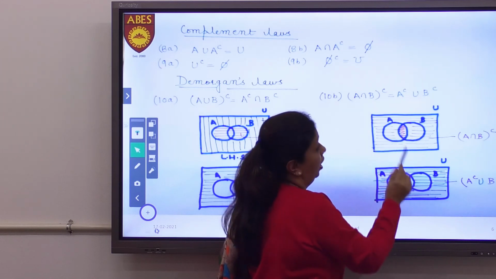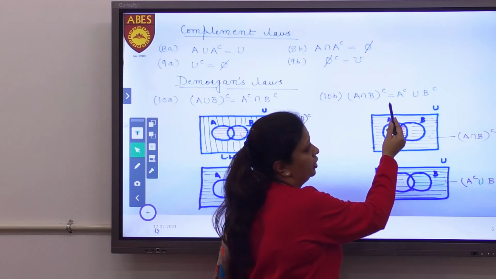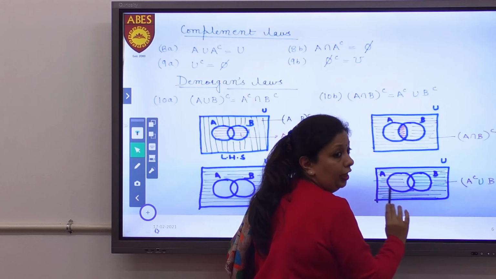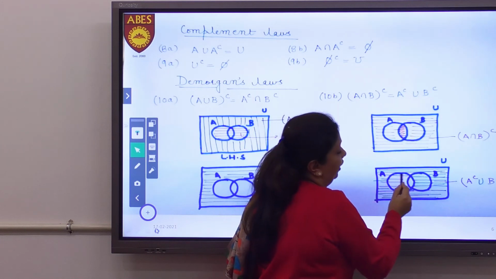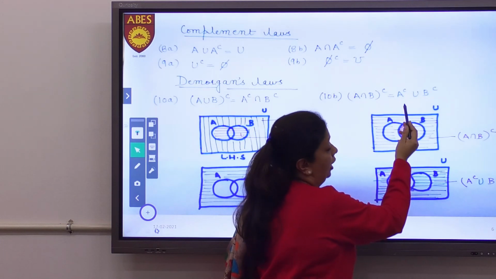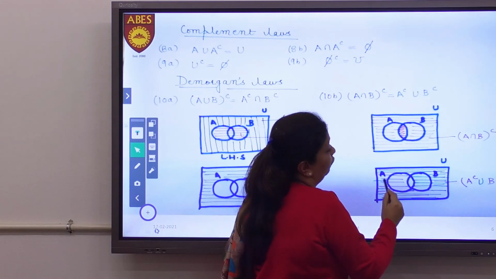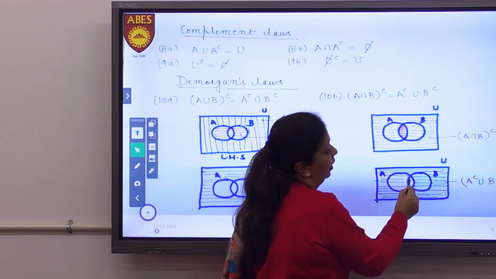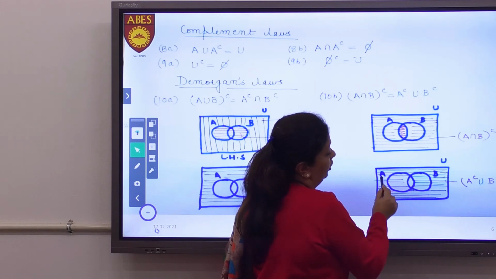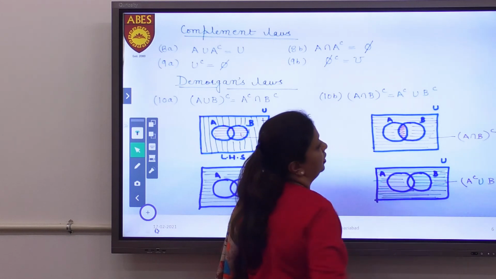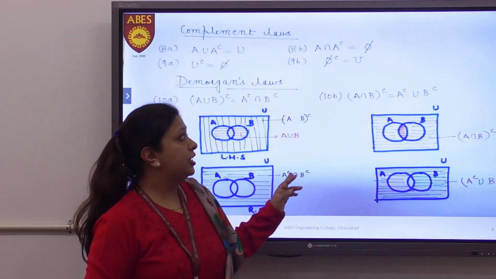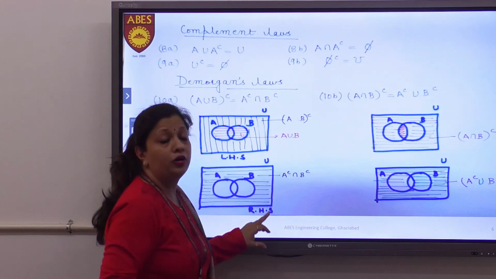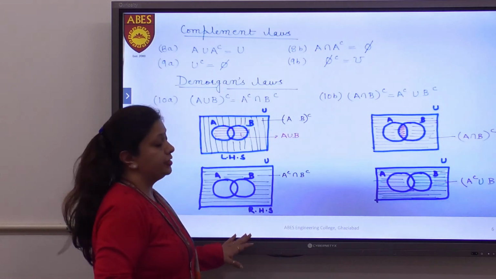Similarly, A's complement is everything other than A, and B's complement is everything other than B. The union of these two will give me everything other than this central part, that is A intersection B. So these two areas are again the same. So we can say that De Morgan's law also holds for the intersection operation in sets.